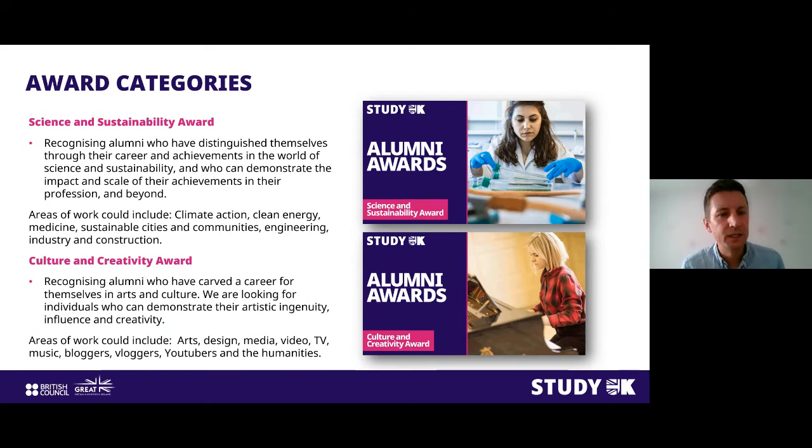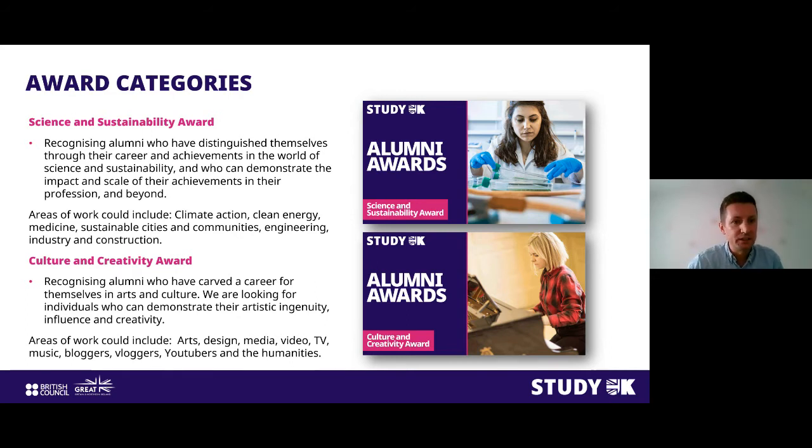So these are the new award categories. I'm not going to read these slides because hopefully you'll have read a little bit about them on our website. So the Science and Sustainability Award, the areas of work that this could include are climate action, clean energy, medicine, sustainable cities and communities, anything to do with engineering, industry and construction.